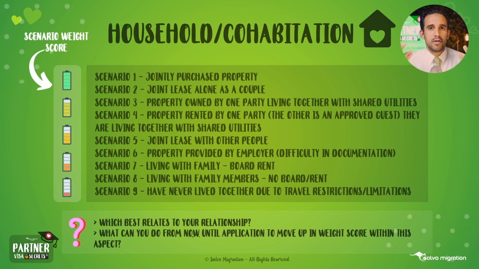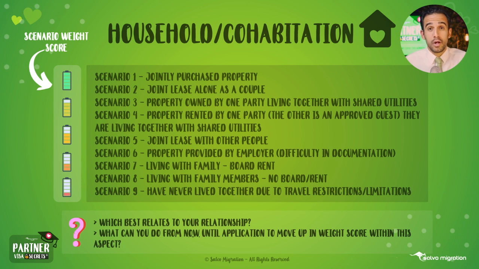Then we have, I would say beneath that, property owned by one party, living together with shared utilities. So this often, I suppose, represents itself as the Australian partner typically owns property because they're the ones here. They're the ones that have their place. And the migrating partner comes and moves in with the Australian, but the property was purchased by the Australian before they met and it's in his or her name. But they live in that premises owned by the Australian, but they have shared utilities, so they share the other expenses of that place, but it's not owned by the couple together, and the mortgage repayments are still paid for by the Australian sponsor.